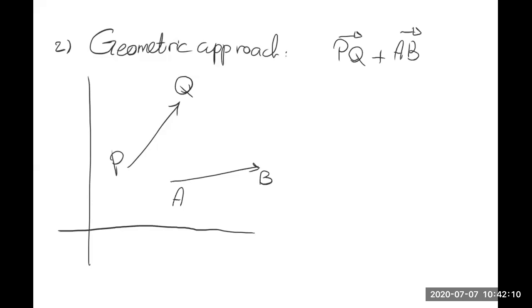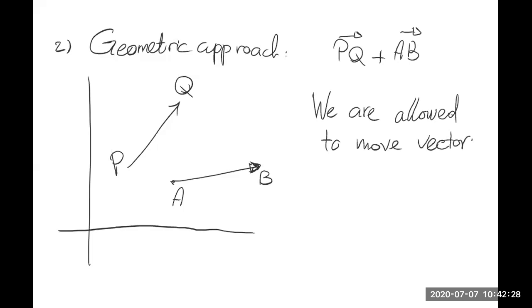The first thing is that I am allowed to move vectors around. Not only me, also you. So we are allowed to move vectors around. I'm allowed to move AB to here, but I should keep it parallel.